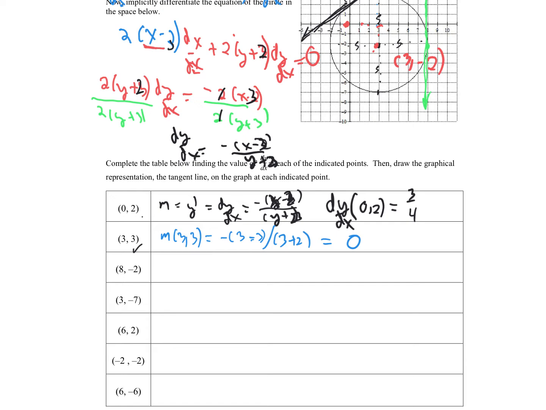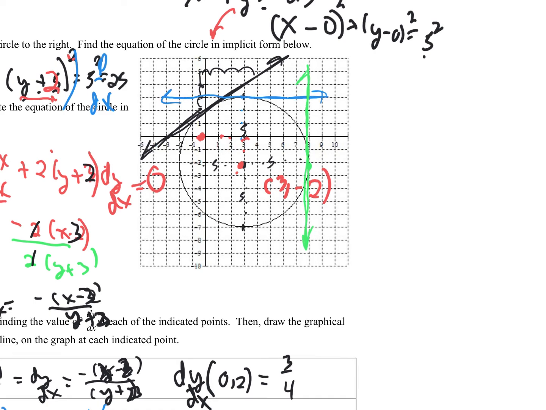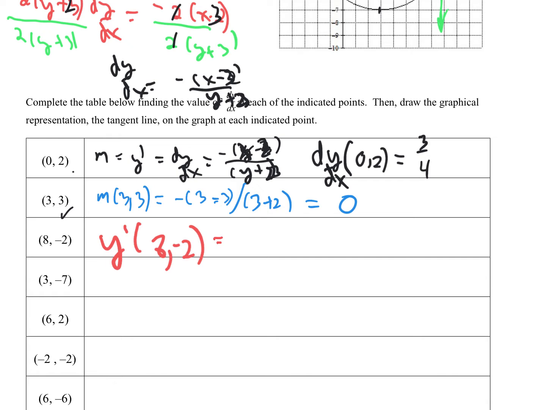So I'm looking for y prime at 8, negative 2. That's where I was, right? 8, negative 2, I certainly was. It would be equal to the negative of 8 minus 3 over negative 2 plus 2, just plugging it into the same derivative.